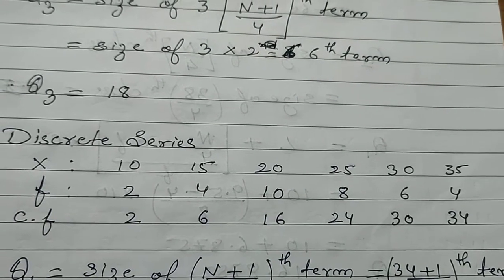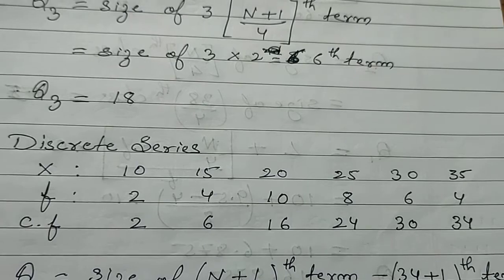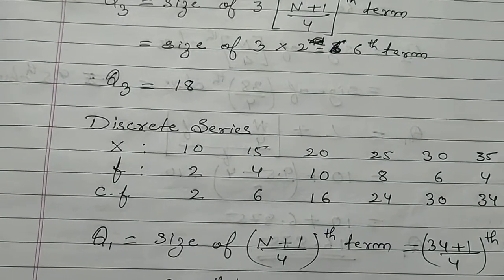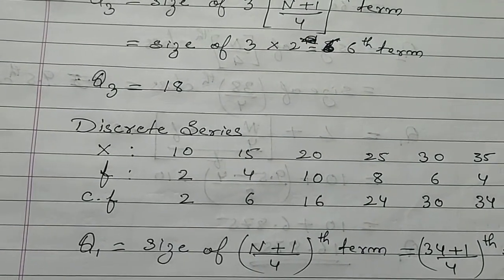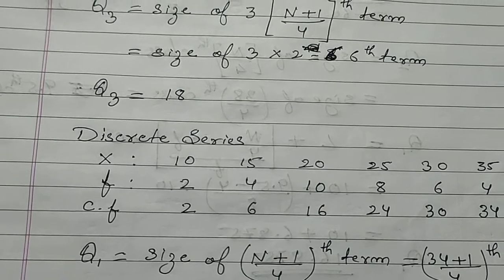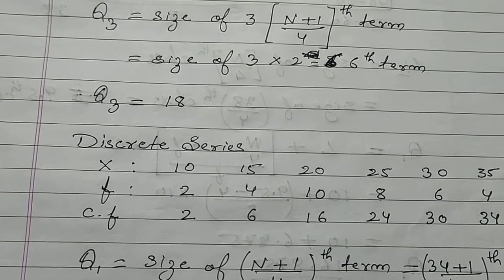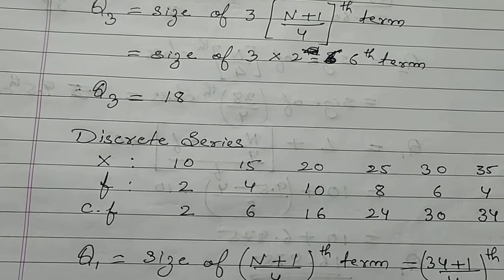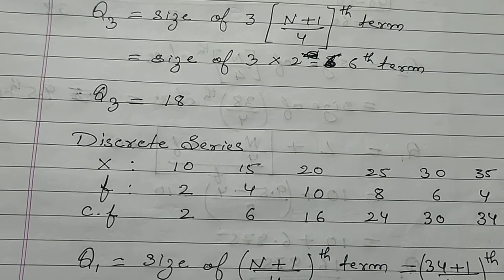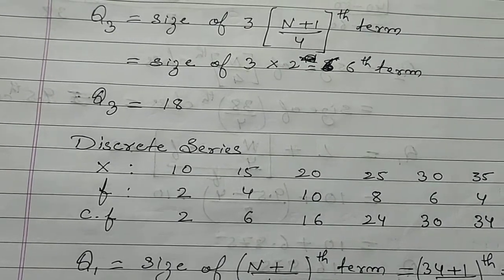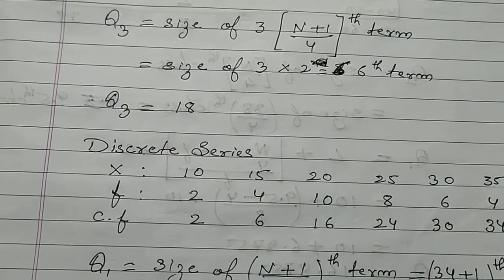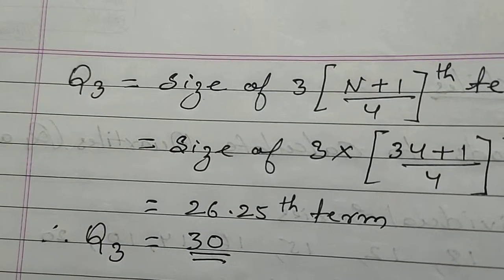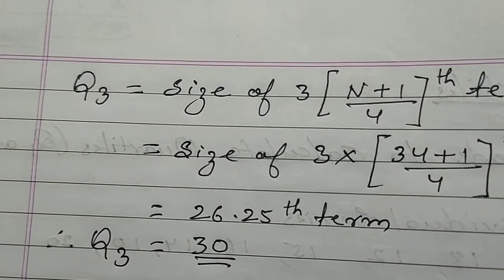The next highest value after 26.25 is 30 in this cumulative frequency, and the corresponding variable x value is also 30. So the third quartile is 30 in this case. So Q3 is equal to 30.